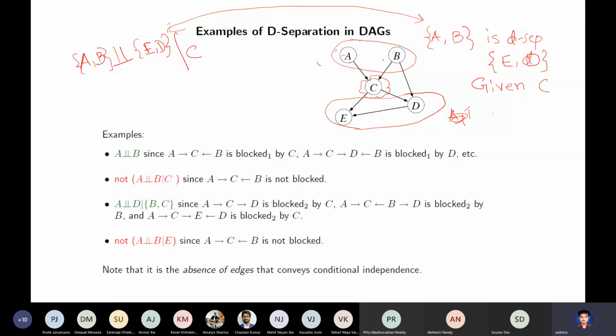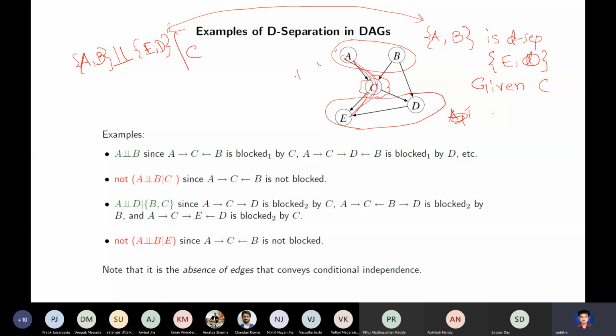Let's first look at three variables A, C, and E. I would consider an undirected path, forgetting about the directions of the arrows. I'll consider an undirected path from A to E, going through other nodes.